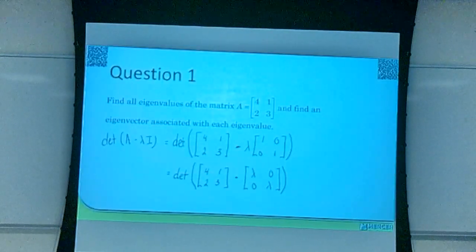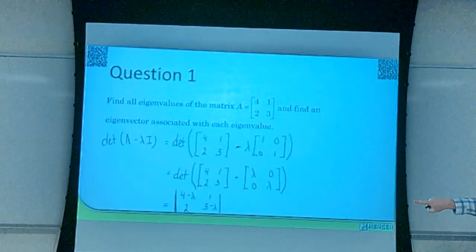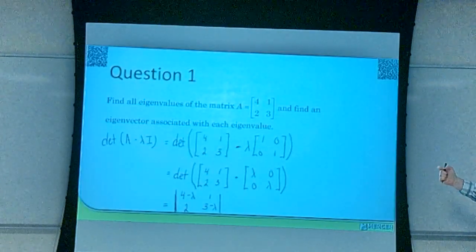No, you don't have to use lambda for your eigenvalue. You can use anything. X is commonly used. I stay with lambda because that's just what I learned, what I grew up with. And remember, absolute value bars around a matrix means determinant. From now on, I'm just going to skip right to that because the process is almost identical.